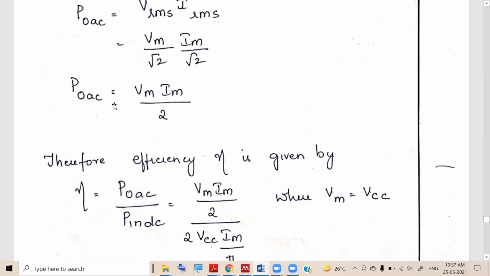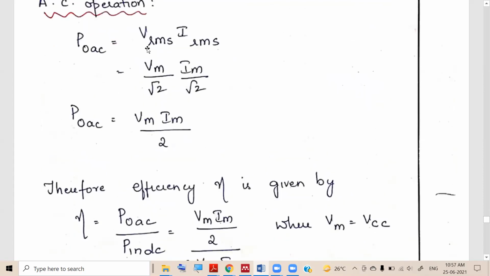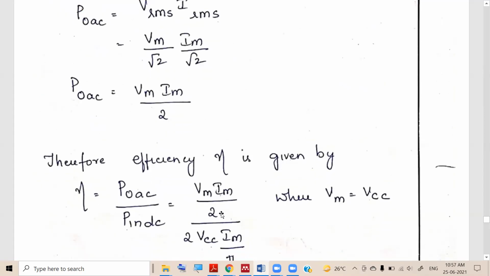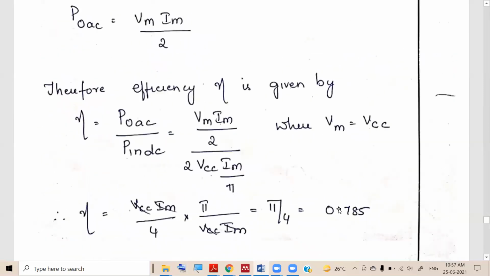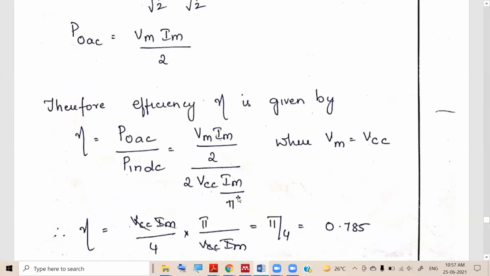P naught AC is very easy: RMS voltage into RMS current. RMS value is Vm by root 2 and Im by root 2, so we got Vm Im by 2. P in DC we got as 2 VCC Im by pi.